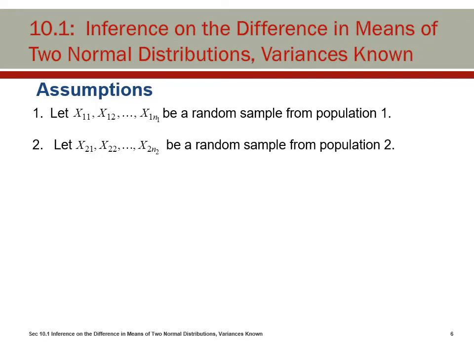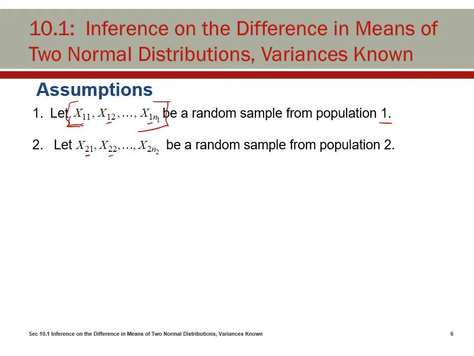In this slide, we will just look at our assumptions. We are going to have two different populations, and we're going to take samples from each of those. So our first sample will be X1 sub 1, X1 sub 2, X1 sub 3, X1 sub 4, up to X1 sub n. All right, so we'll have a sample from population 1. We'll also have a random sample from population 2.